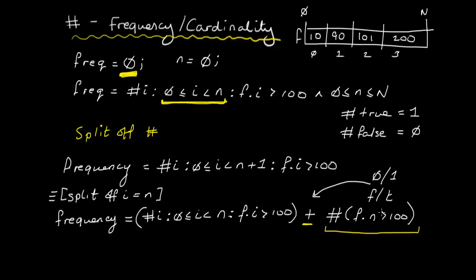We don't want to add on the value of f.n. We want to add on a 1 if we found something that meets our criteria, or we want to add on a 0 if not. And the way we express that is we say plus the cardinality of f.n greater than 100. And remember, cardinality of true is 1, cardinality of false is 0. And that's what gives us this logic that we end up with here.